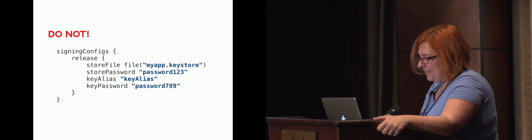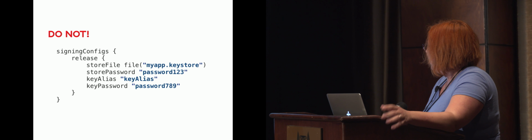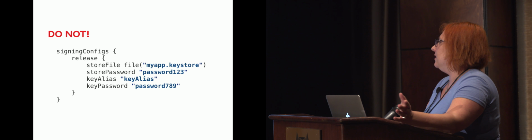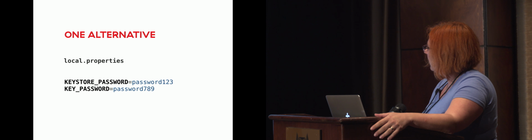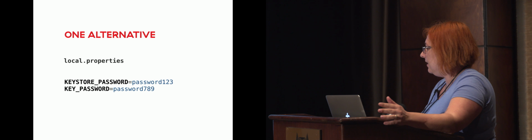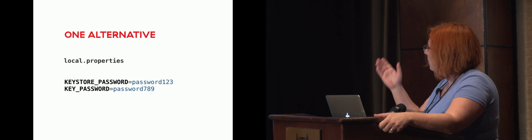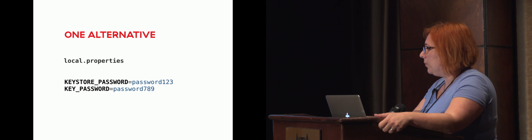Okay, so you don't want to put this data directly in your build Gradle because, again, somebody can get to it. This is just one alternative, and it's an easy, obvious, and not important one, but you can put key value pairs in your local properties or build Gradle properties or somewhere else.